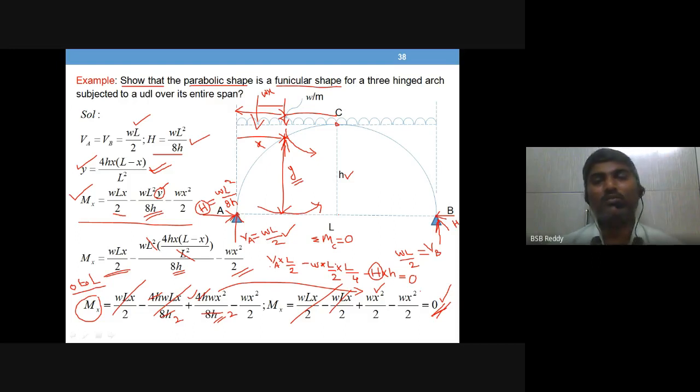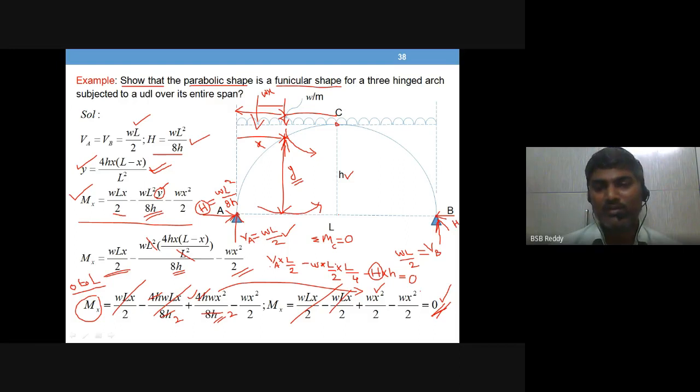So this is how we prove that when you are constructing a parabolic arch and you expect that there will be only UDL on it, then you can design the arch as a funicular shape, which means you can take only compression and go for design.